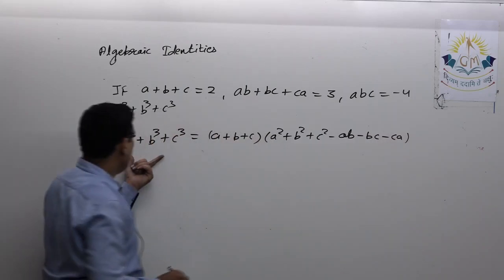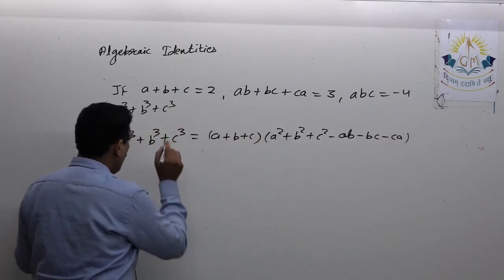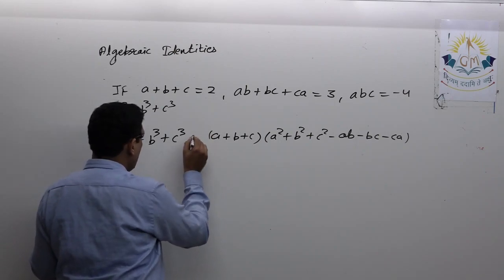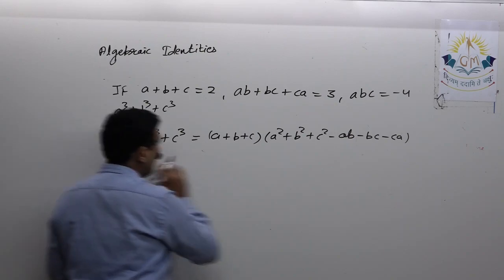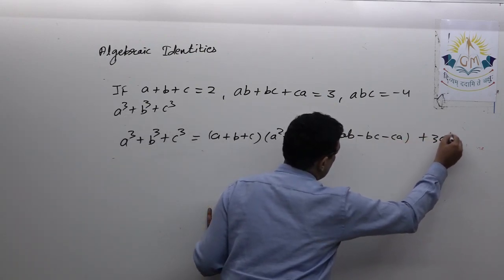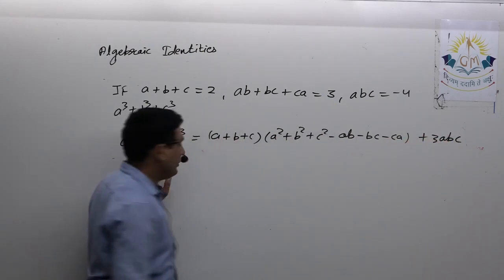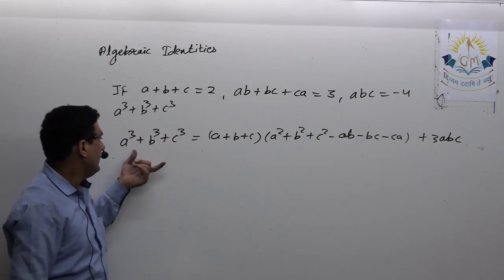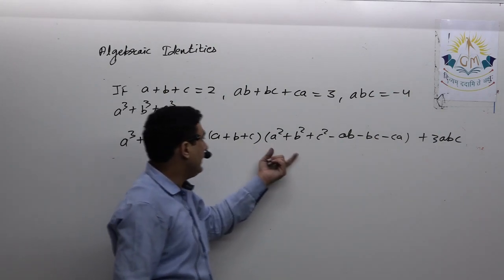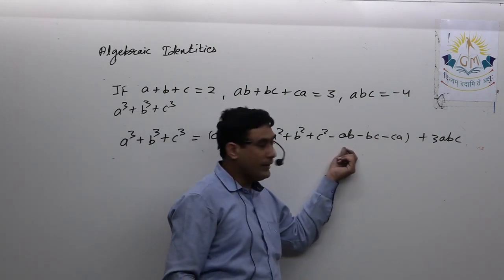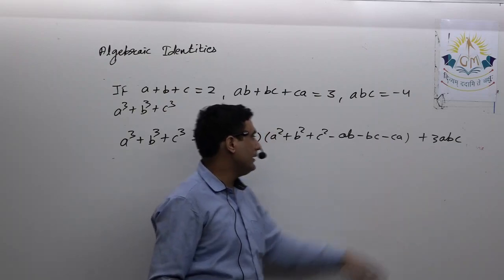Then a cube plus b cube plus c cube minus 3abc is equal to that. So to get the value of a cube plus b cube plus c cube, I need the value of a plus b plus c, a square plus b square plus c square minus ab minus bc minus ca, and 3abc.